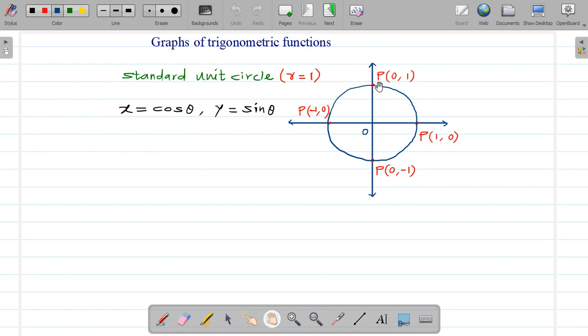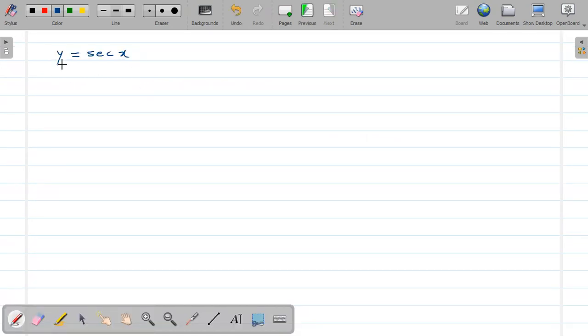Okay. Now for the function y is equal to sec x, first of all we will define the domain and range of this sec function. Now all of you know that sec x means 1 upon cos x.